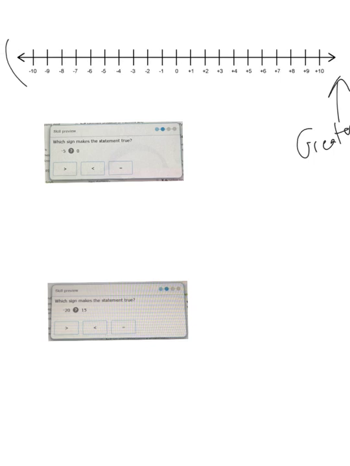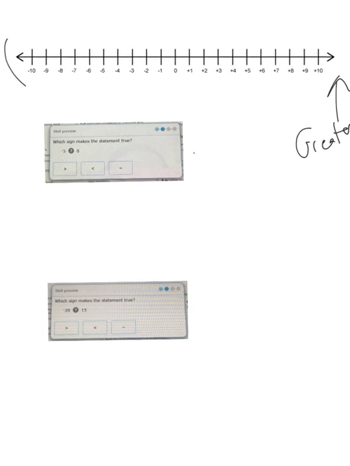But let's look at what this first example says first. Which sign makes the statement true? So we're asking ourselves, is -5 the bigger number or is 0? If you think about that in terms of money, are you richer if you have $0 or if you owe $5? So obviously, and also looking here on the number line, here's our -5, here's our 0.